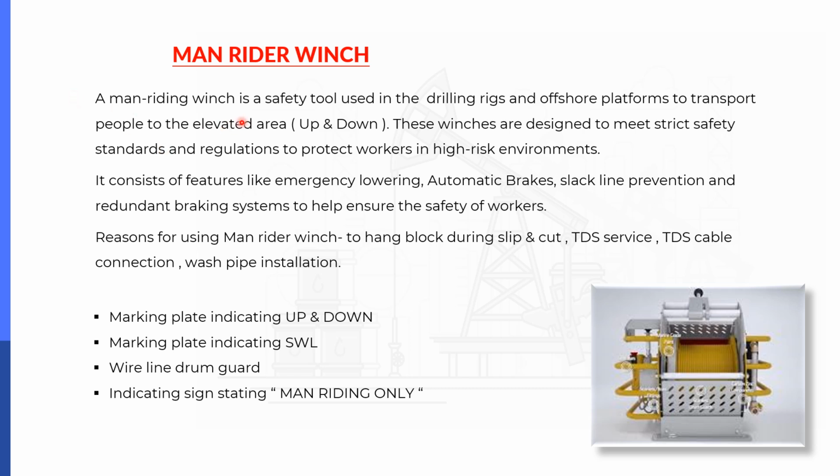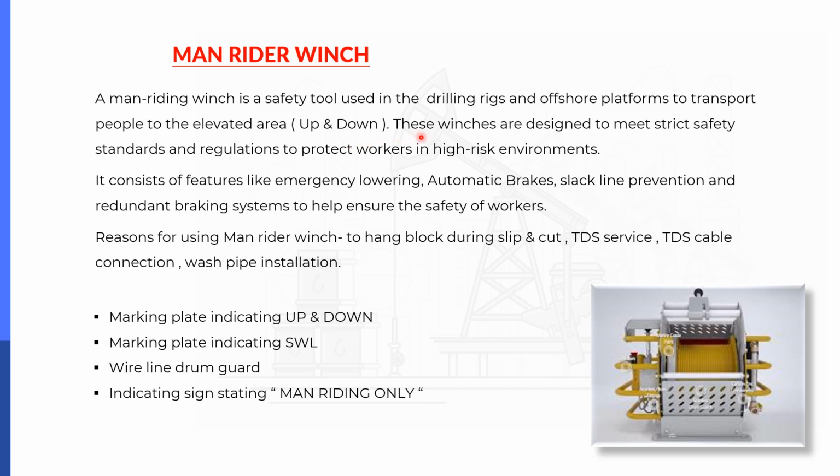A man rider winch is a safety tool used in drilling rigs and offshore platforms to transport people to the elevated area, up and down from the rig floor to maybe the monkey board, or between the rig floor and the monkey board, and above the monkey board.